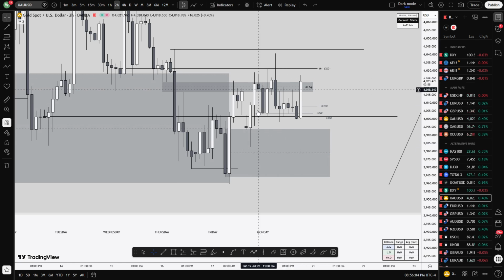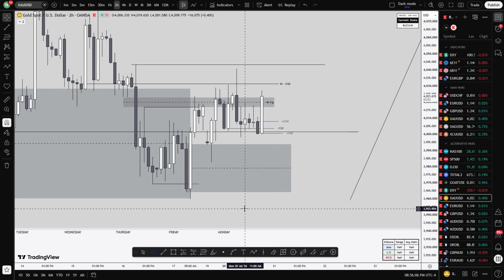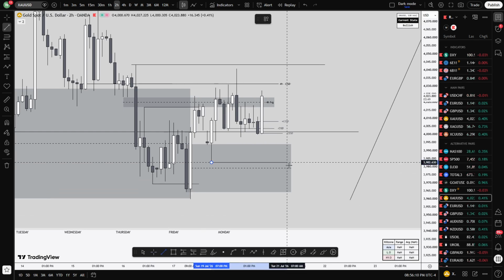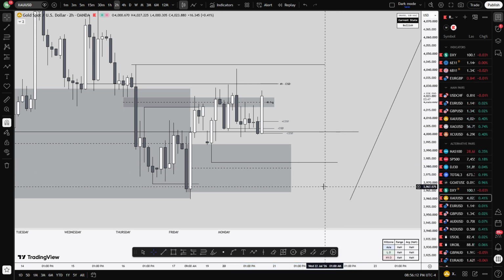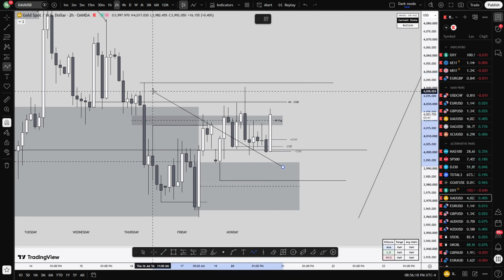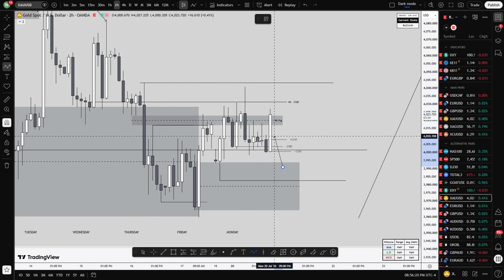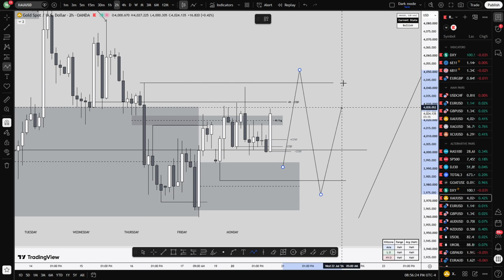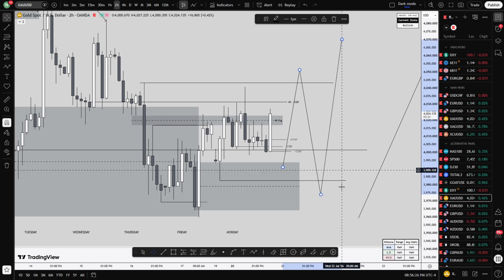I'll be very comfortable taking gold trades if we come back to sweep this low here at some point. Maybe we do something like this: trade above this high, come back to sweep this low, and then continue higher.